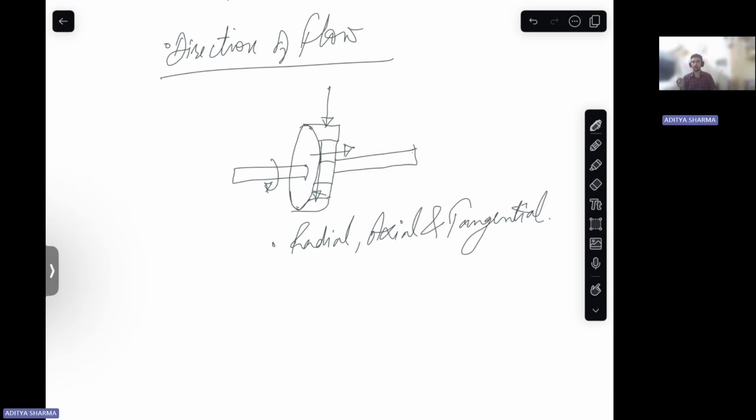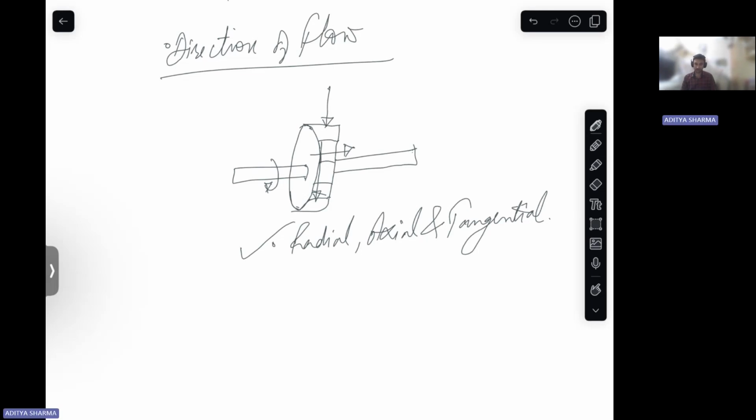And if your entry of water in the turbine is radial, that is the Francis turbine. And in the Francis turbine, the exit is axial and the entry is radial. So these are the major types of turbines used in hydroelectric power plants.